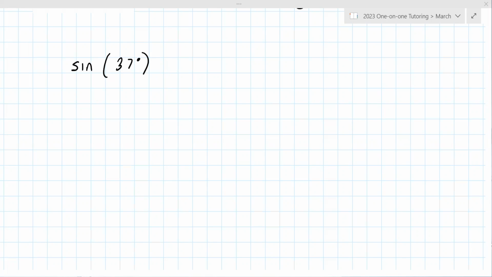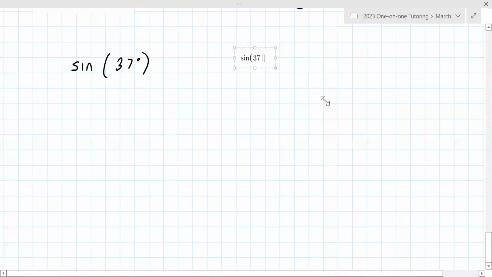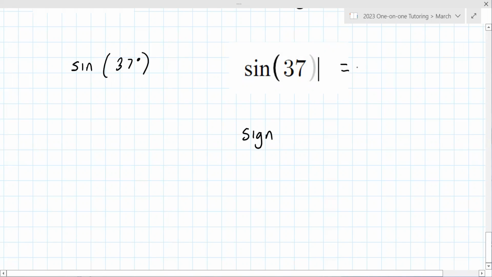You should see the three letters now. This is a math class. We use the proper way of saying it. It's sine, like a sign. Could you enter that in and tell me your answer to 4 decimal places?